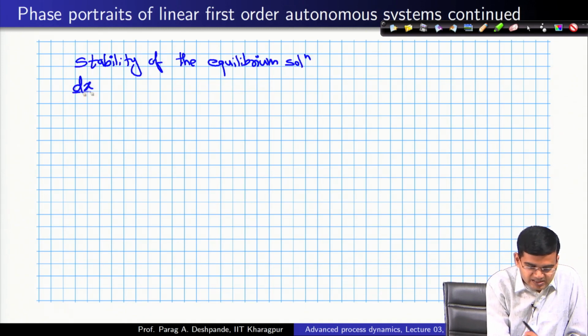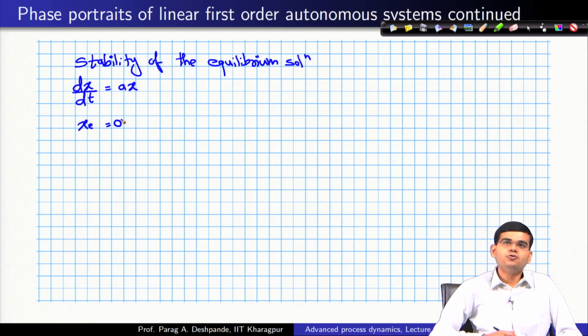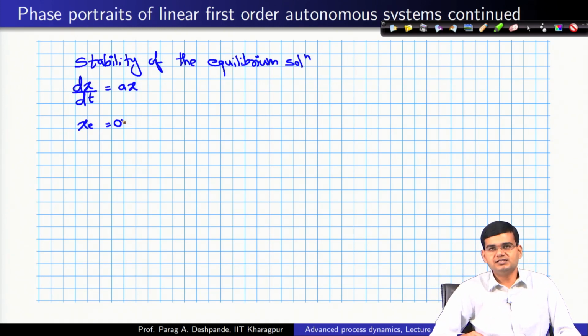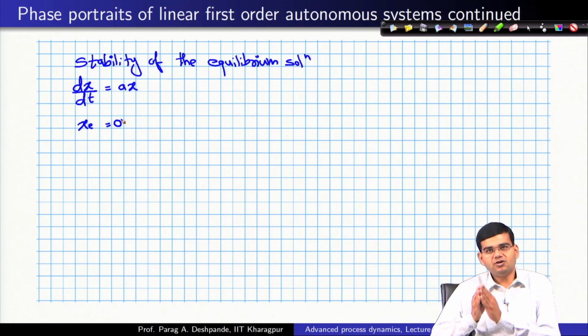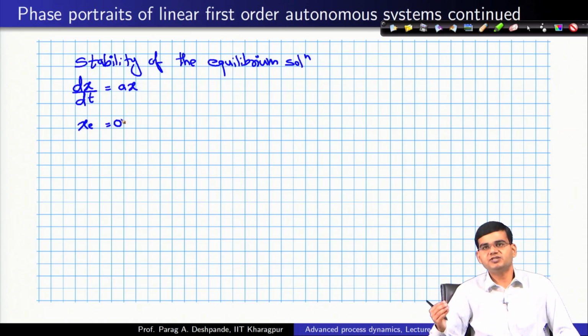Our system was dx/dt = ax, and our equilibrium solution x_e was 0. Now, the question is whether the solution x = 0 is a stable solution or an unstable solution. The meaning of stable solution is that if I go further in time, as time t increases, whether I am going to remain on the equilibrium solution, or am I going to diverge away from the equilibrium solution. This is the meaning of stability.